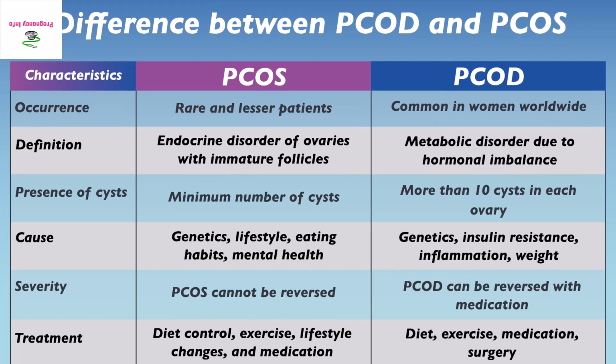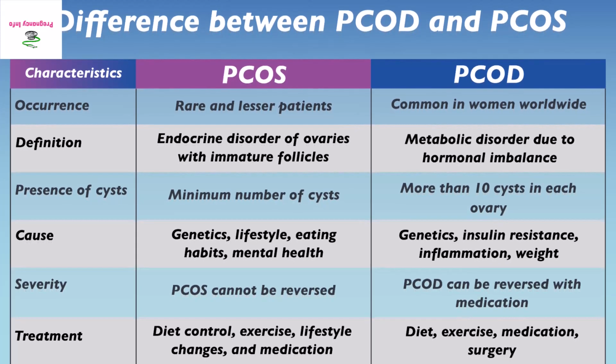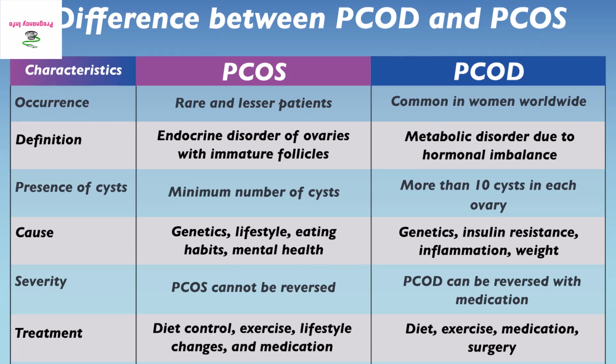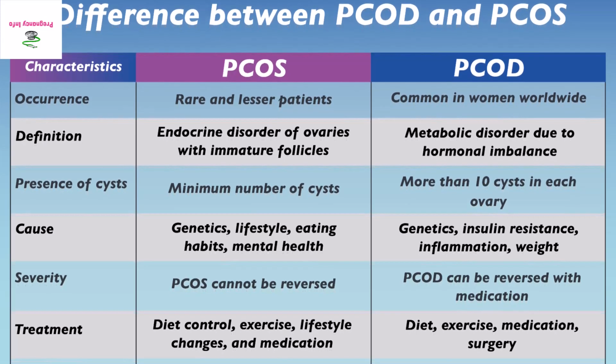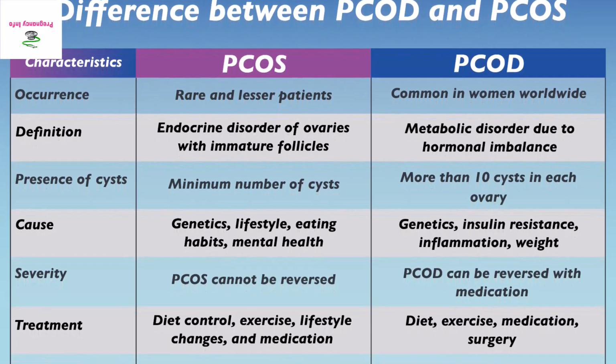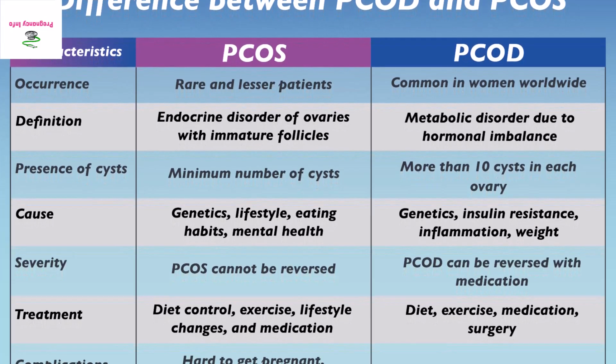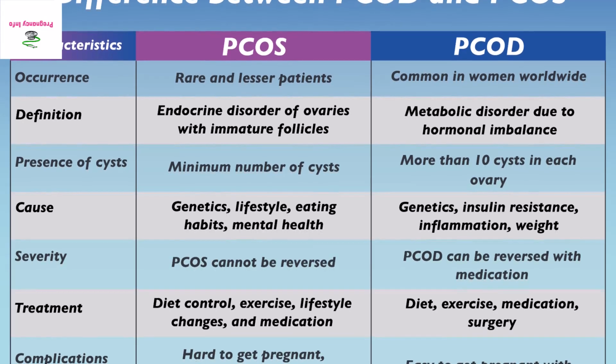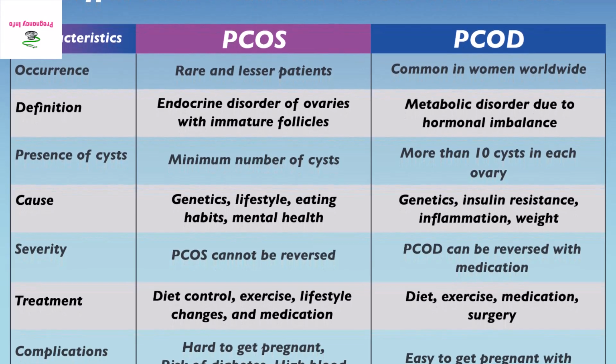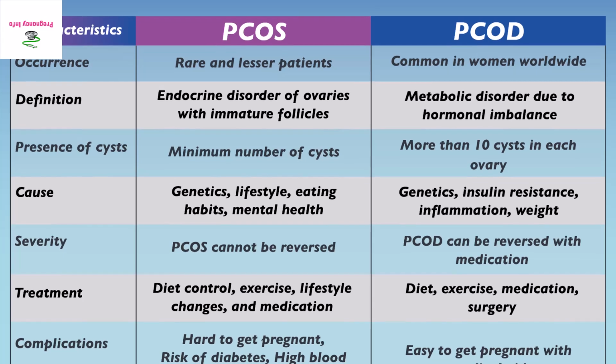PCOD, more than 10 cysts in each ovary. Causes. In PCOS, genetic, lifestyle, eating habits, mental health, and in PCOD, genetics, insulin resistance, inflammation, weight. Severity. PCOS cannot be reversed and PCOD can be reversed with medication.